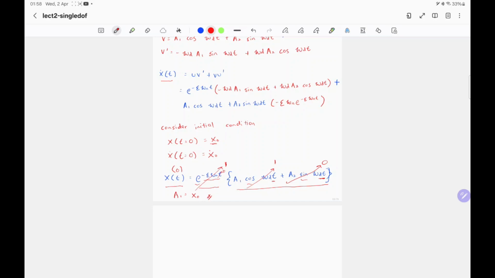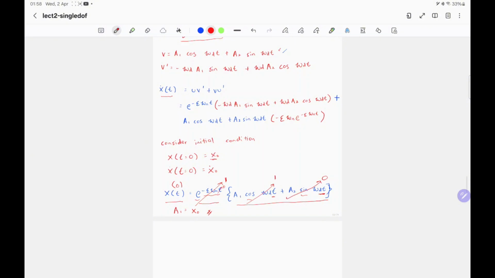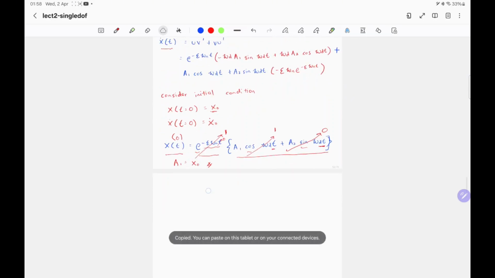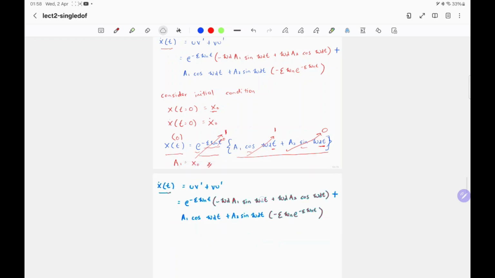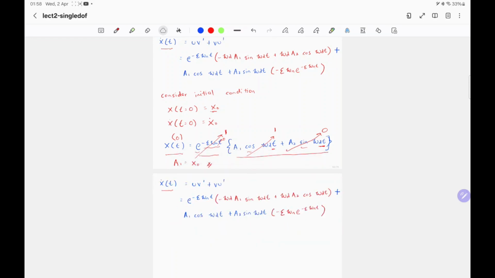Next we need to find a2, and this is the equation that we need to use. For x dot naught, at t equals 0, we replace t with 0.